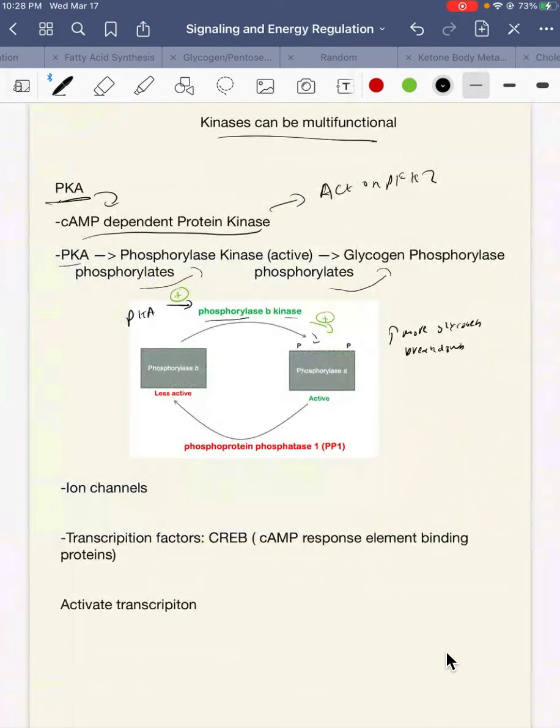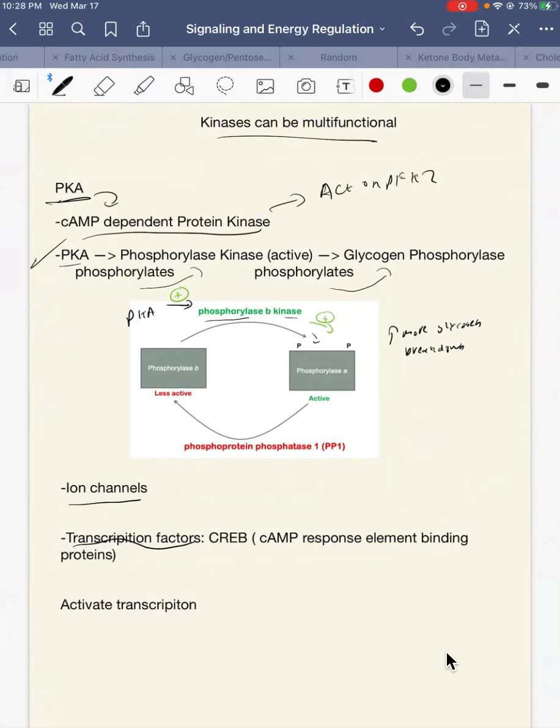So this pathway makes sense. And I would recommend checking these whenever you're talking about glucagon and insulin to make sure that the pathway you're activating is being activated or inhibited in the right direction. So when we have low energy, we want to break down glycogen, yes. So this makes sense.